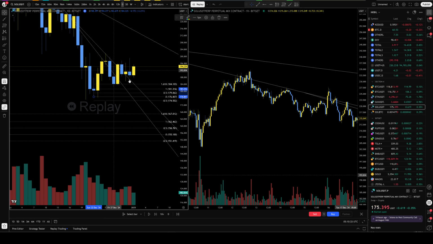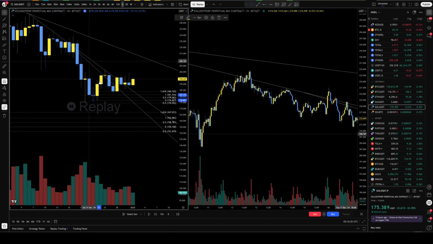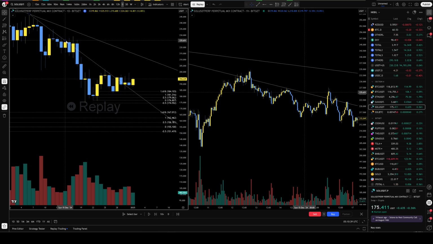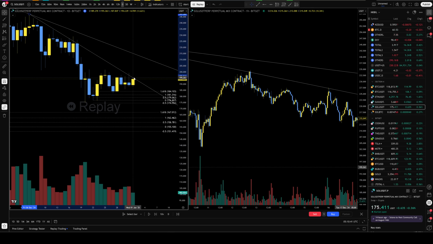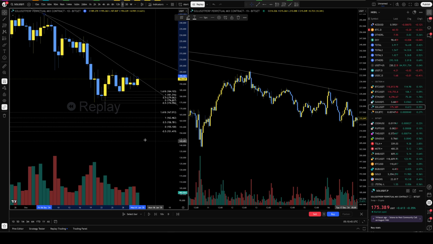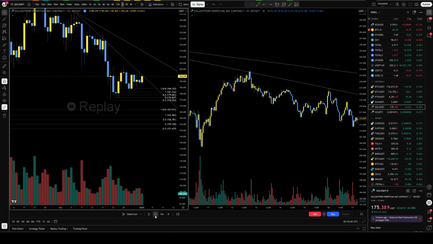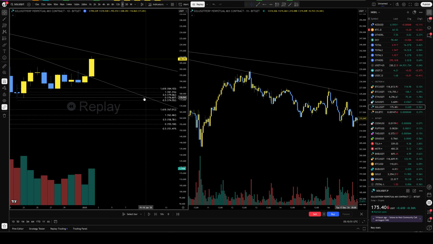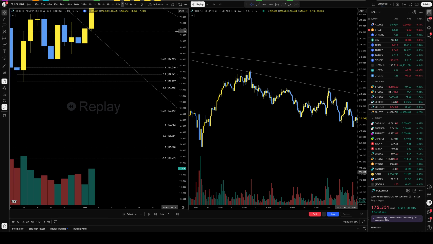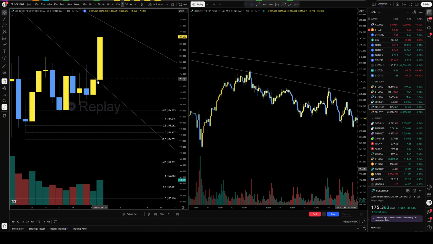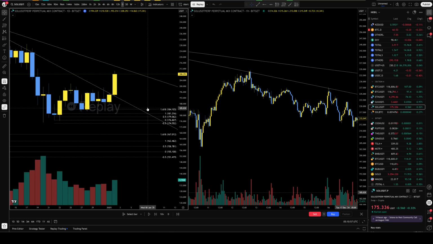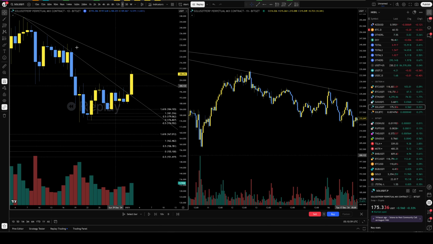So can pretty much get rid of this one now. We can move this one there. No, that's clear of the line. So this one can move.